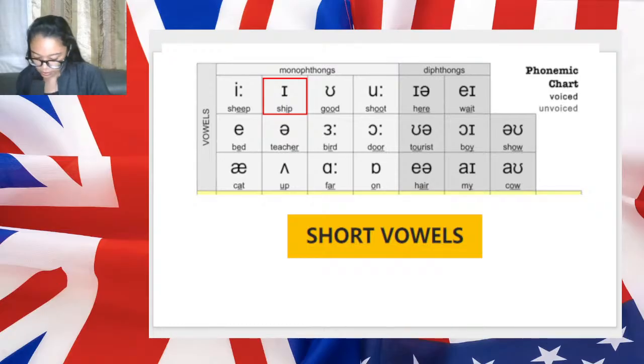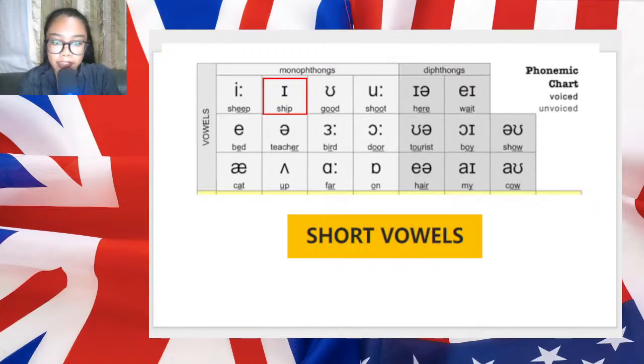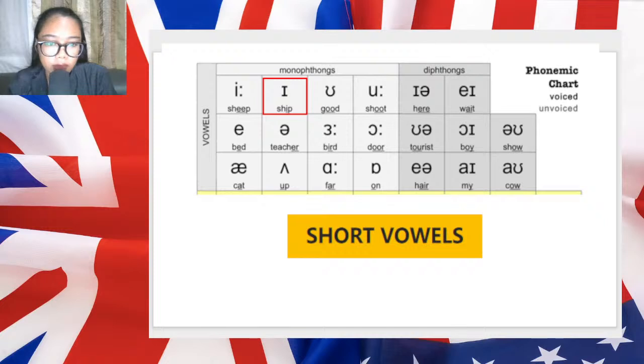You might ask, because maybe you find it hard to pronounce this particular short vowel sound. Okay, this is how you do it.